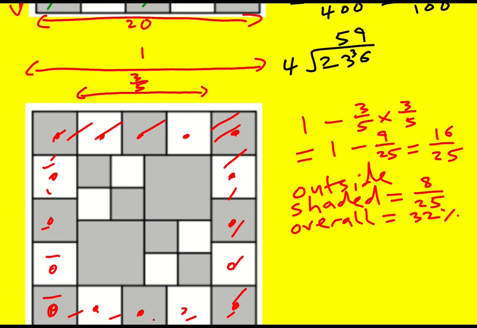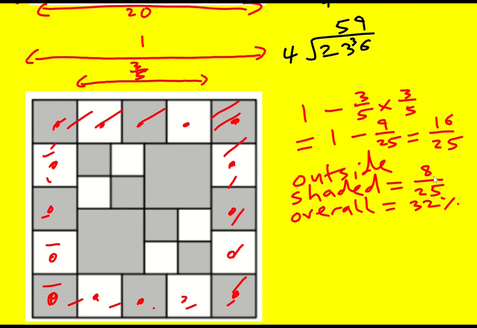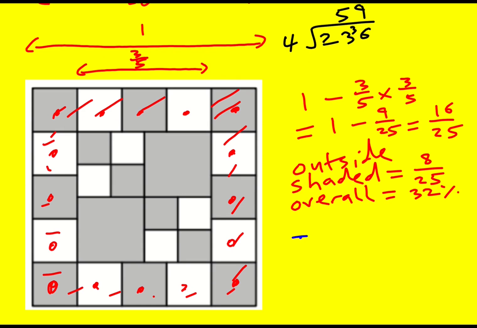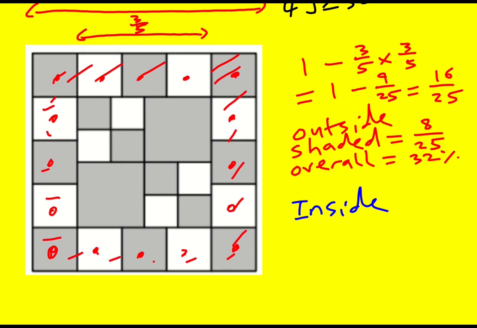Okay, let's look at the rest of it now. So the inside, well, remember I had 16 over 25 on the outside overall. So the inside is then this 9 over 25 that we got from doing 3/5 times 3/5.